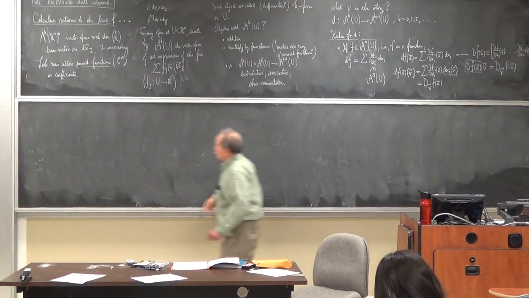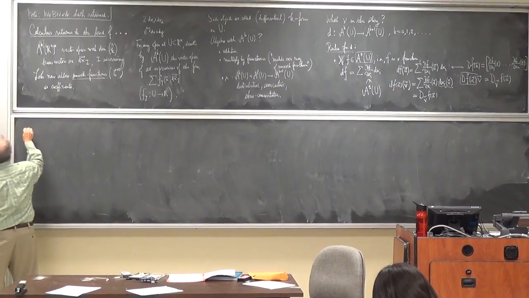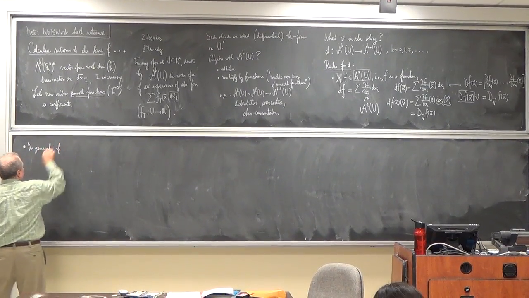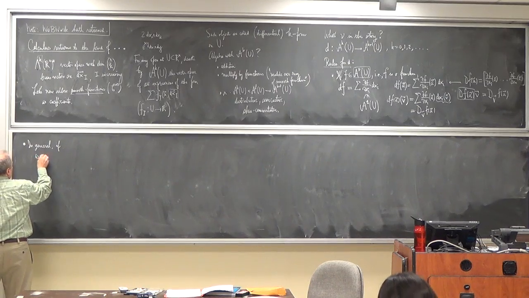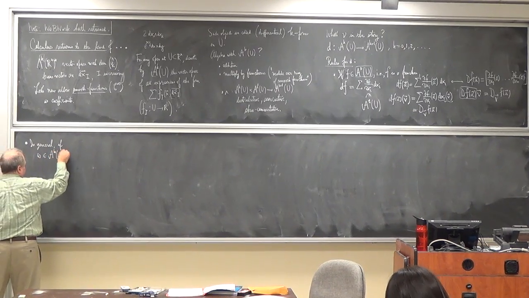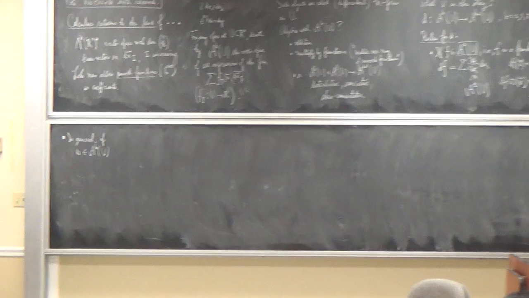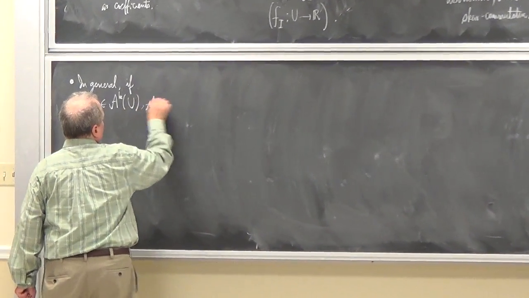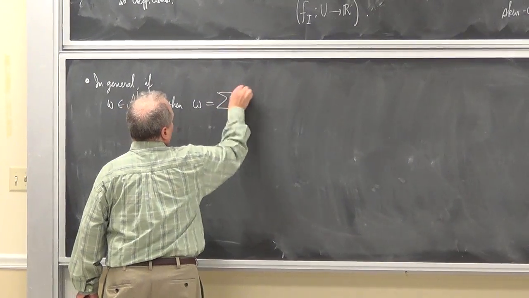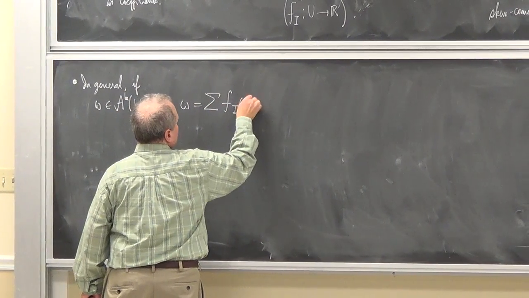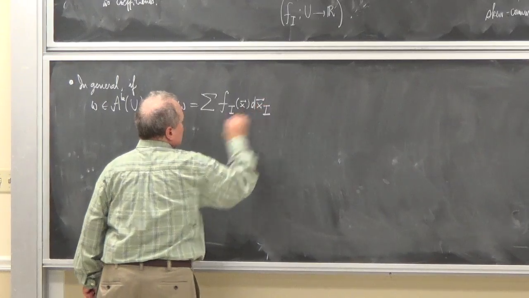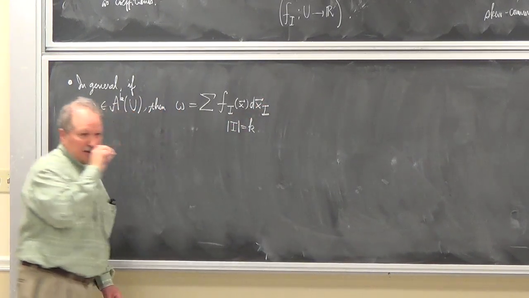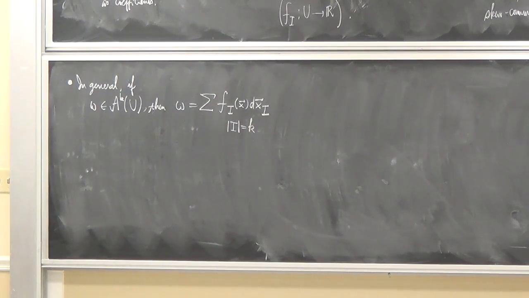So in general, if omega is a k form, then I can represent omega as a sum of functions times dx's, where the dx's have k components to them.